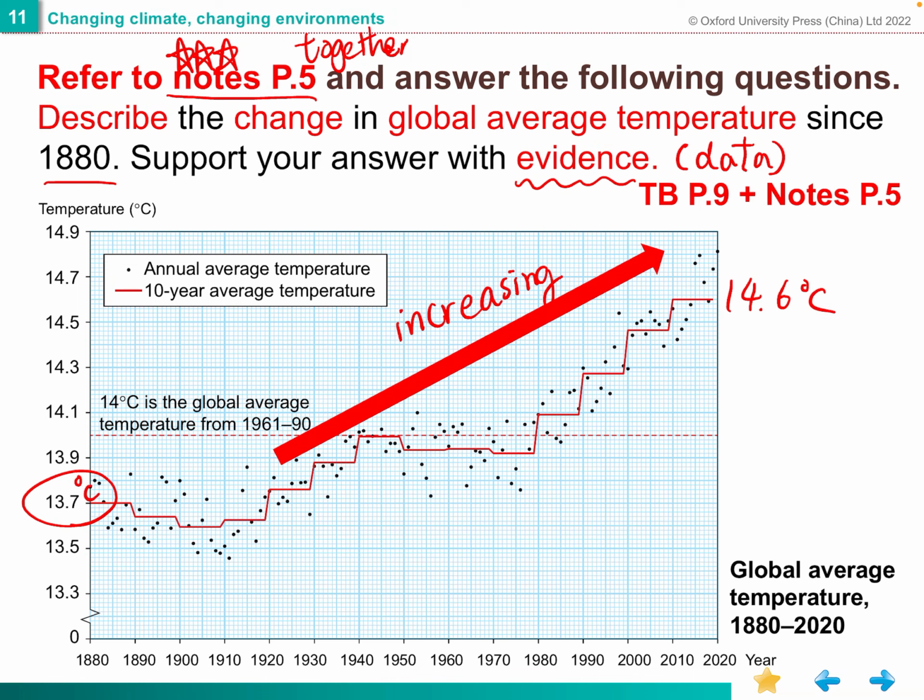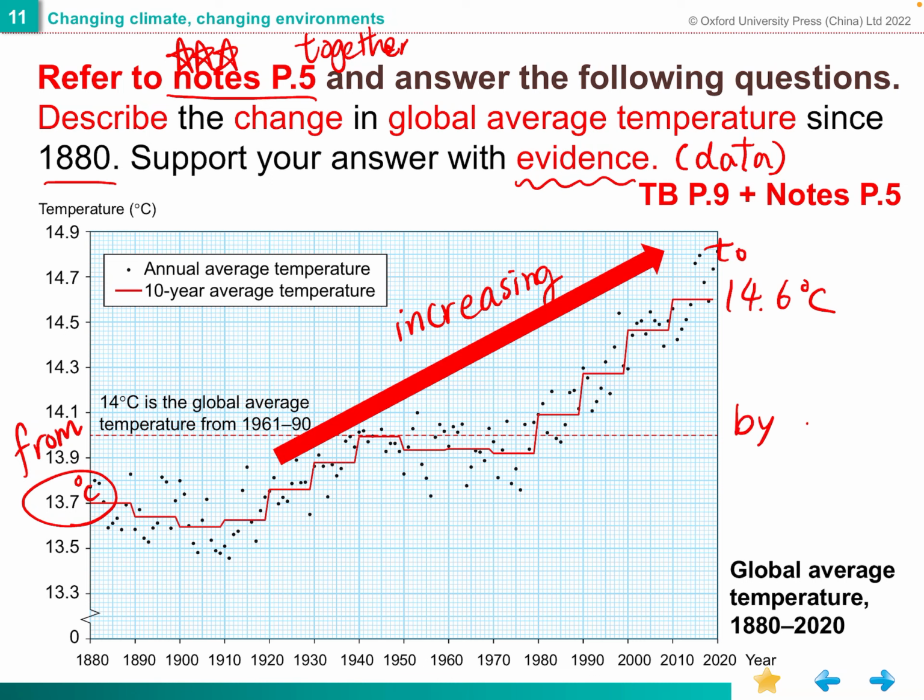This is one of the descriptions, or another description. So the temperature increased by how much? It's by about 1 degree Celsius.